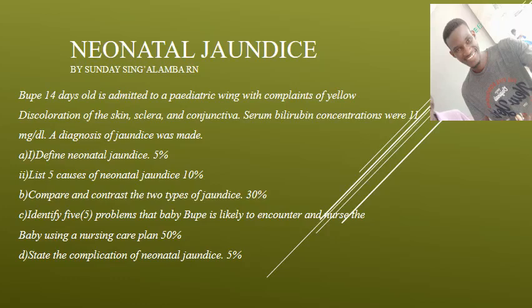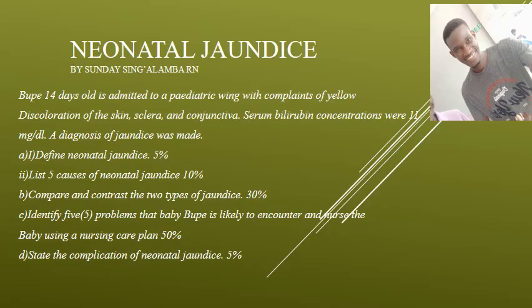So that bilirubin is converted to unconjugated bilirubin with the help of an enzyme known as bilirubin reductase. Then, for conjugation to take place, that unconjugated bilirubin has to travel to the liver.